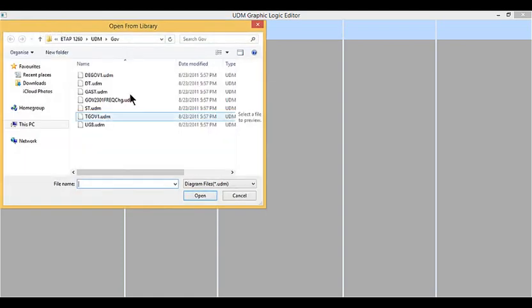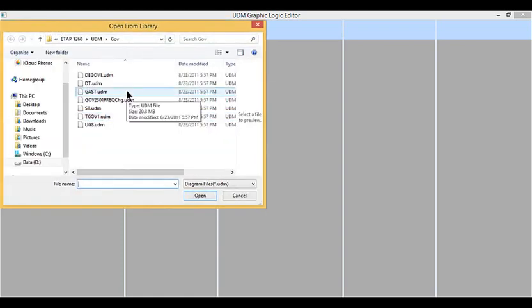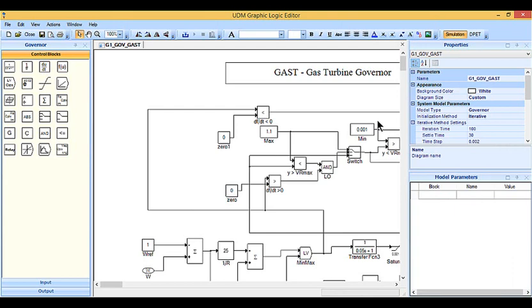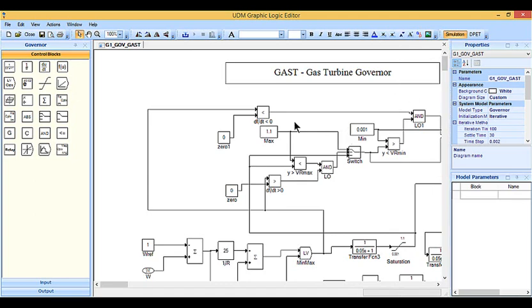It will open the transfer functions. Let's select gast.udm. And you can see that it has opened a control system diagram, defining different parameters.